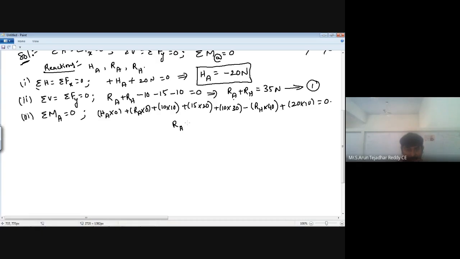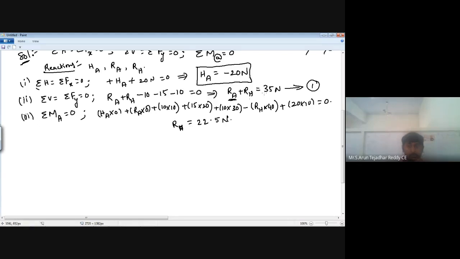From this equation, find RH. All of you open your calculator and enter the values, then you will get the RH value. Here RH is equal to 22.5 newton. The other unknown is RA. Very simple.